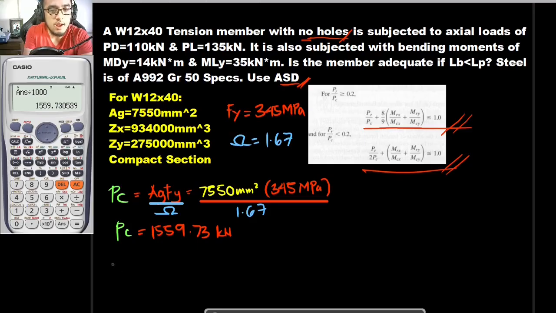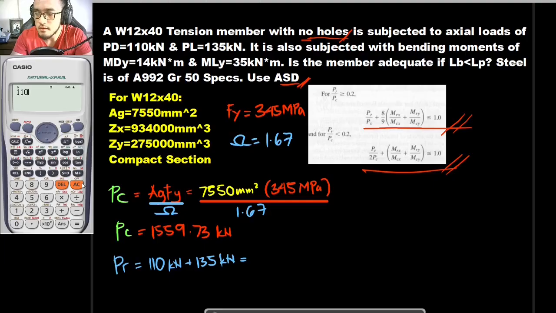So ang PR natin is the required strength, and if we are to use ASD, that is to be the service loads, 110 kilonewtons plus 135 kilonewtons. So 110 plus 135 equals 245 kilonewtons. So this is to be our PR.